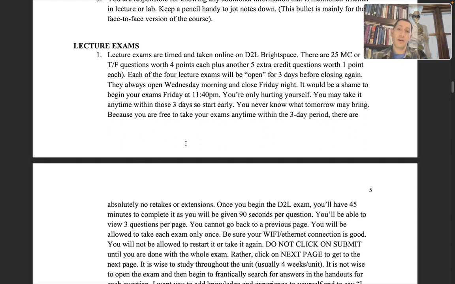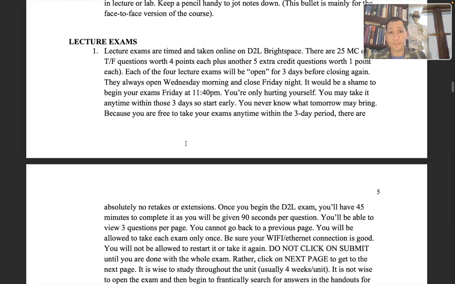So everything is online, open book and open note, but just try to commit as much to memory, so that way you're taking your test at ease and you're enjoying yourself, and you answer correctly.